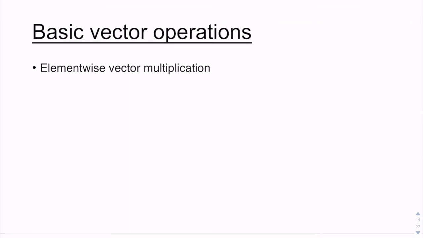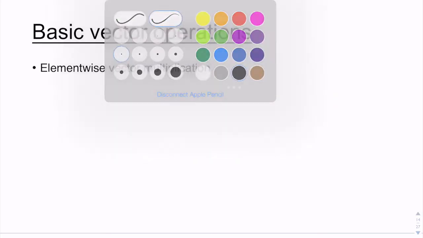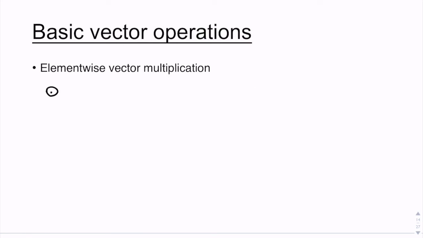Okay, element-wise vector multiplication. If you read some papers on deep learning or neural networks or many other topics, I just mentioned deep learning because this is a very popular topic for prediction and pattern recognition these days, you will see that a notation looks like this: a circle with a dot.